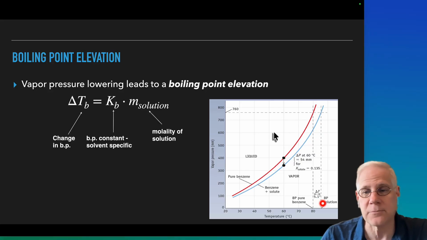In this case, 5.1 degrees Celsius, depending on how much material they put in. They put in 0.135. And so we have a higher boiling point here because we've lowered the vapor pressure of the solution and had to add more heat, so a higher temperature, to get that solution to boil.